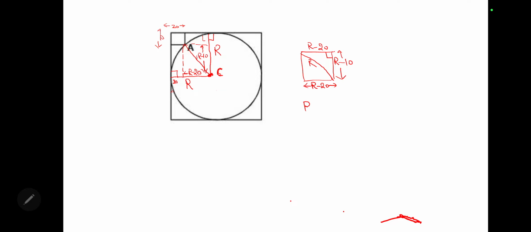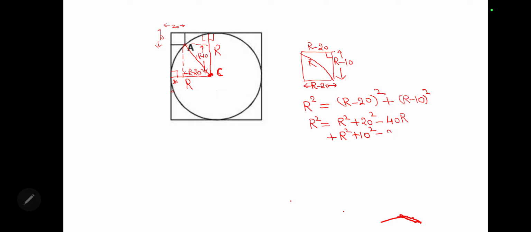If I apply the Pythagoras theorem, r square is equal to (r minus 20) square plus (r minus 10) square. I hope there is no problem because this is straightforward. Now we simply have to find the value of r. If I apply the formula, it is 20 square minus 40r plus r square plus 10 square minus 20r.